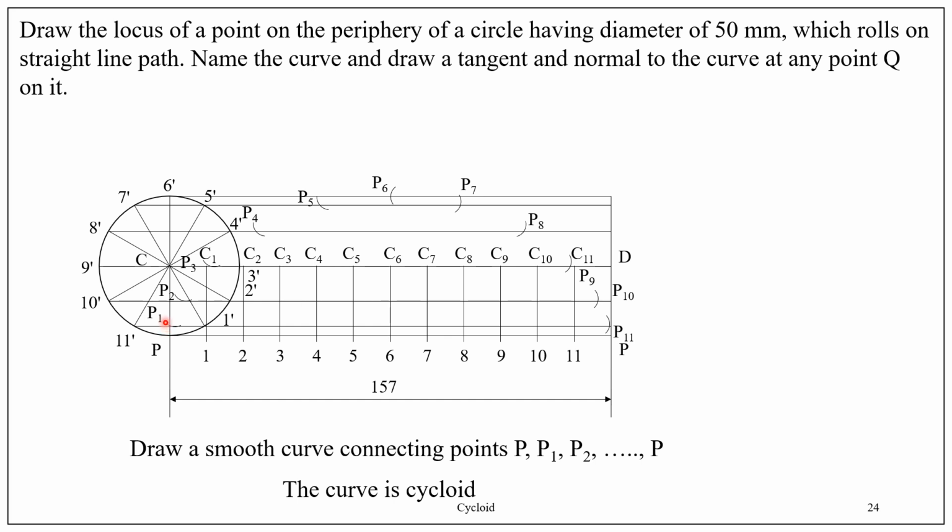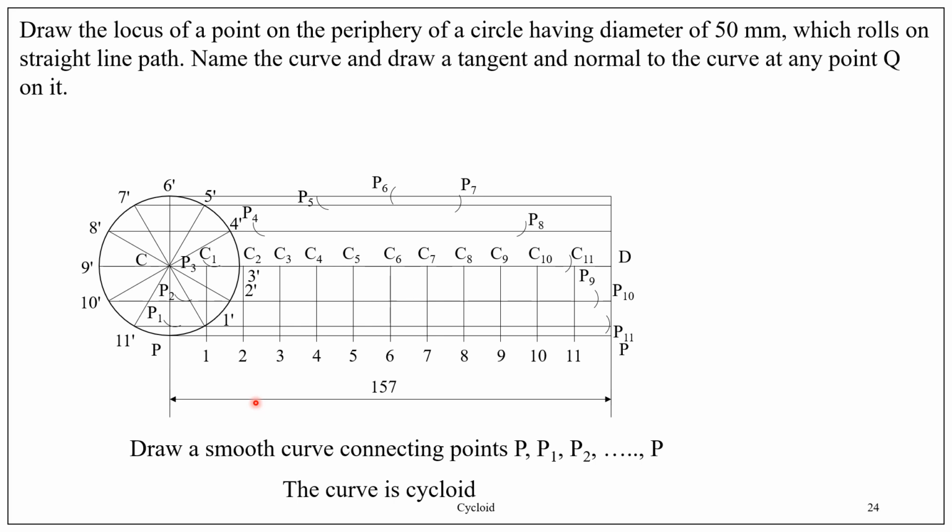When it is rotated through 60 degrees, it is P2. When the circle is rotated through 90 degrees, point P will reach P3. When it is rotated through 120 degrees, point P will reach P4. Like that it goes. Therefore, P1 to P11 are the intermediate points. P is the end point. One at the left end, the other one is at the right end.